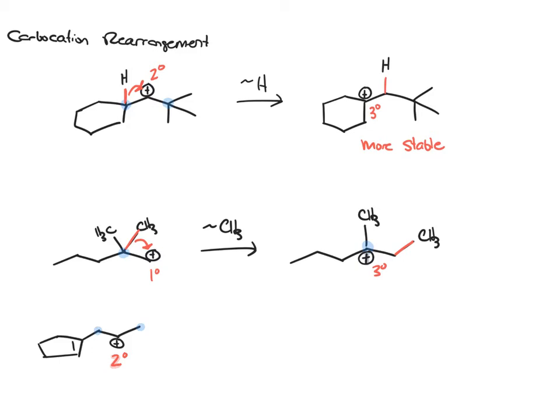But what you have to recognize is this isn't just a secondary carbon. It's next to this double bond, which means it's called allylic. So let's look at what happens if you do the shift. Let's take one of the hydrogens and draw that in.